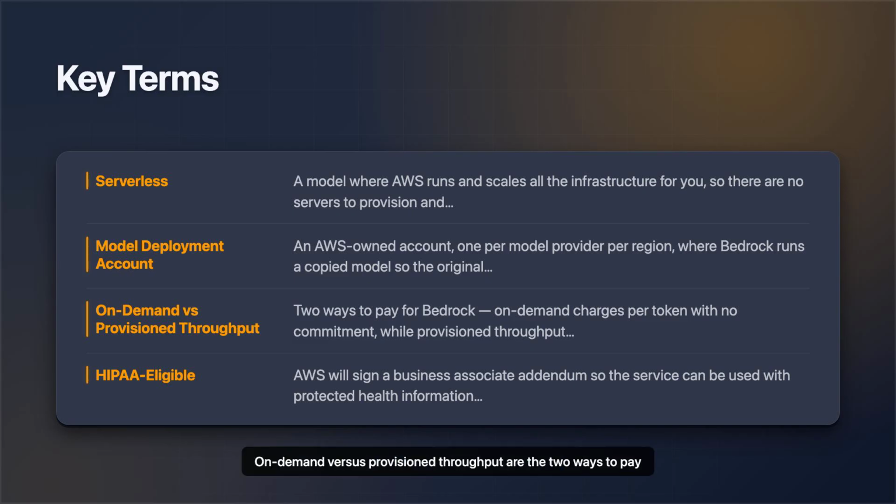On-demand versus provisioned throughput are the 2 ways to pay per token with no commitment, or reserve guaranteed capacity for an hourly rate. And HIPAA eligible means Amazon Web Services will sign a business associate addendum for protected health information, though you still have to configure everything correctly to actually be compliant.